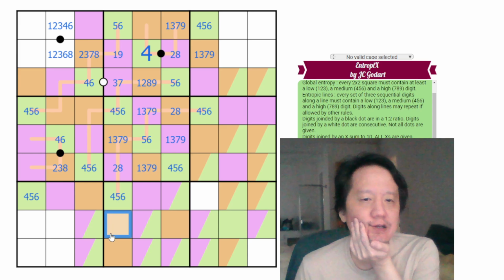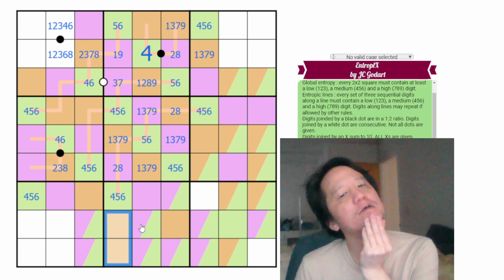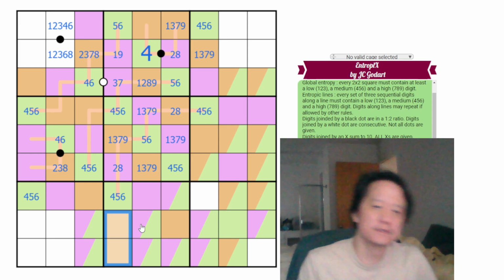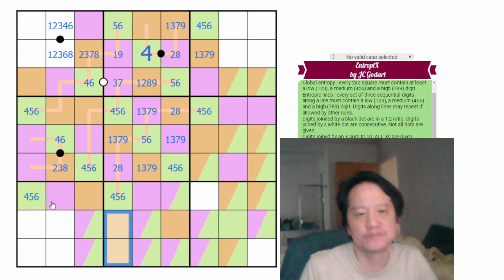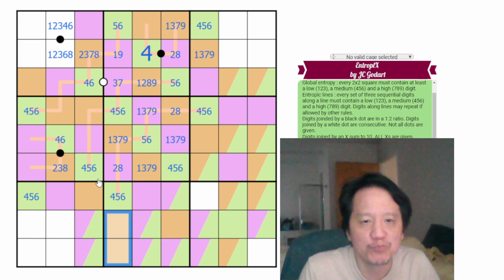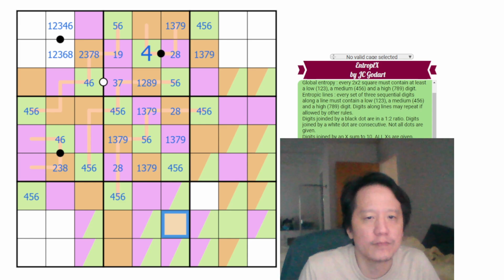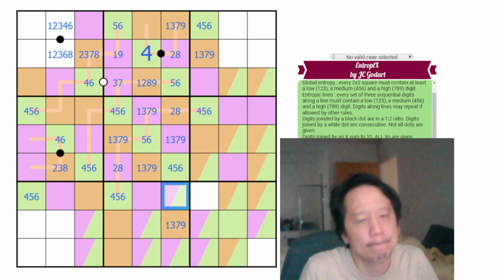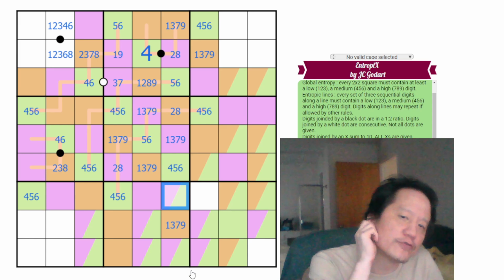So the 2 or 8 has to go here. So this is also 1, 3, 7, 9. Interesting, though.